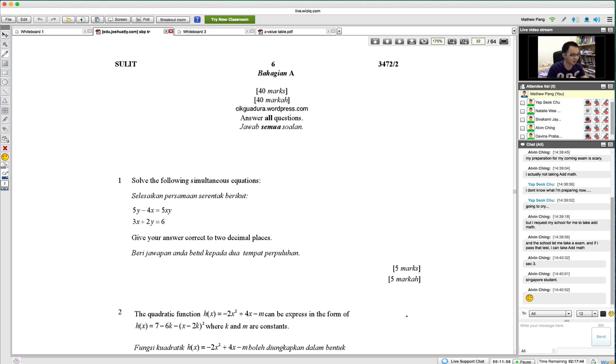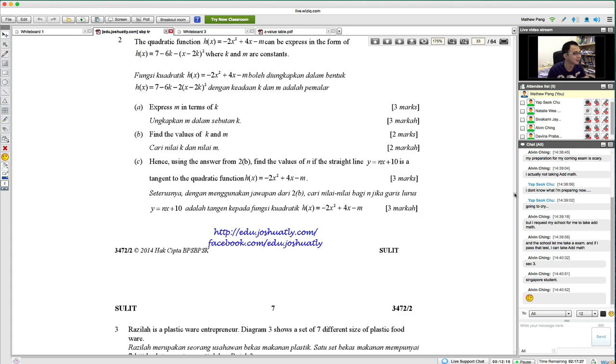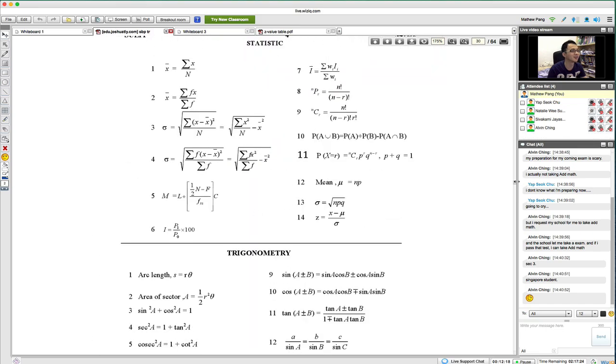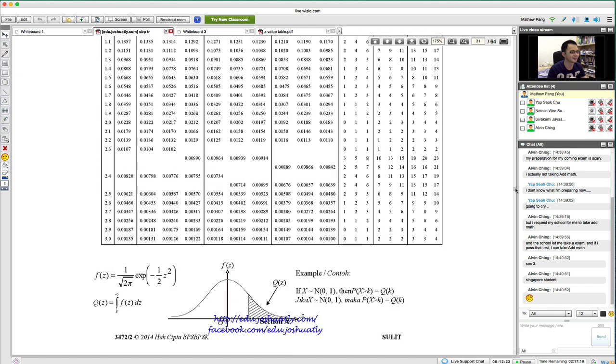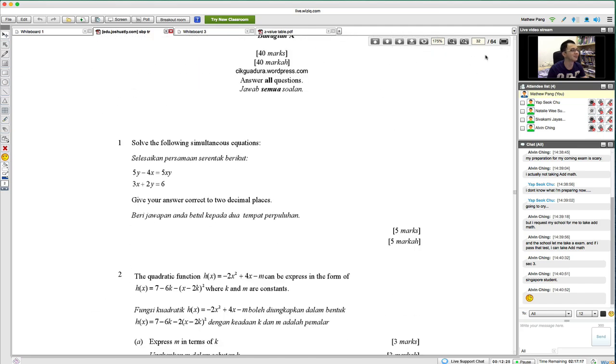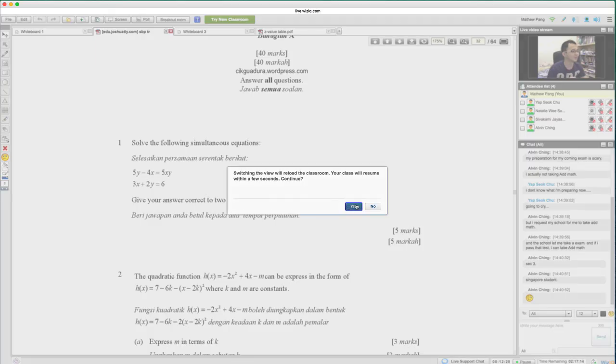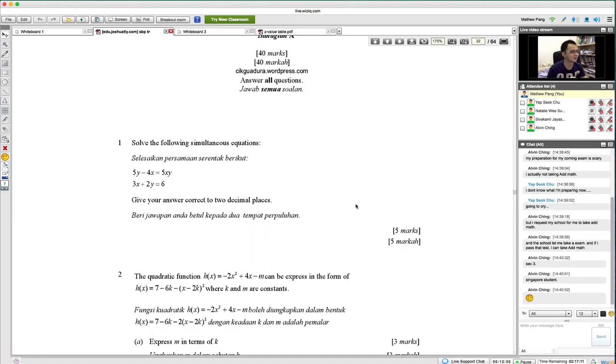Just let me scroll this one. How do I scroll this one? It's fine, I think I give up on the scrolling thing. Maybe I change to the new classroom setting.